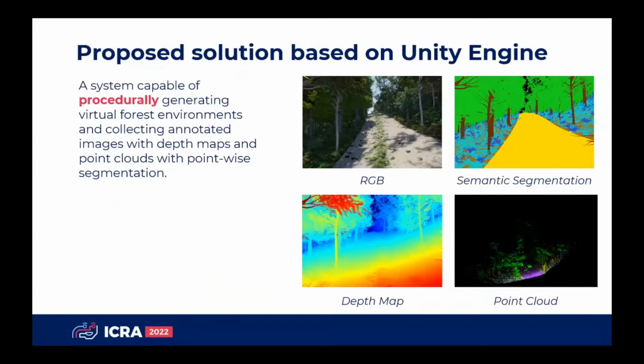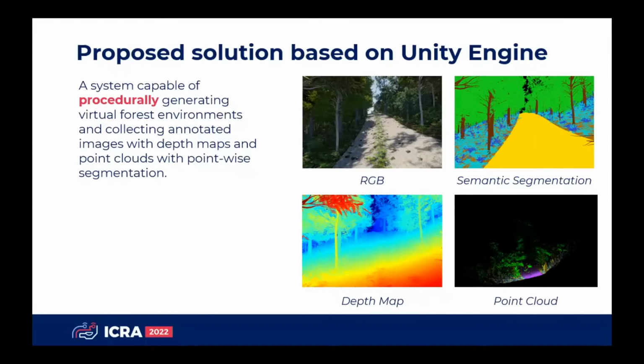So the idea is, we just set up a few parameters, for instance the density of the forest, and whether the trees follow some kind of structure. In some scenarios the trees are very well aligned; in other scenarios they grow completely random.